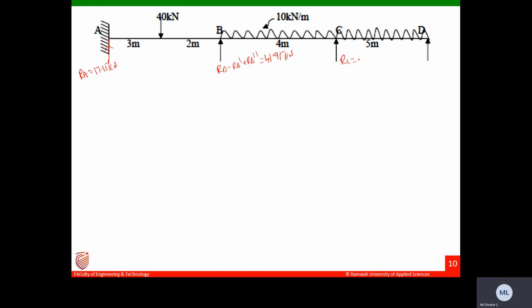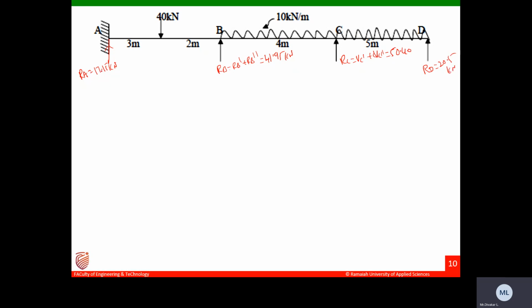RC we calculated as RC dash plus RC double dash, so you got 50.40, and RD you got 20.5 kilonewtons.